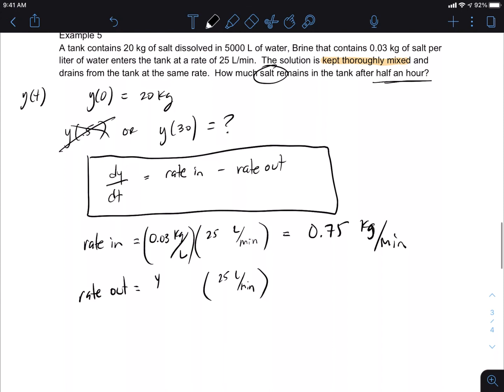So we're going to get our y of t, our function that we're looking for, over the container that has the salt in it. It also has fluid in it, correct? How much fluid is in the container from the get-go? 5,000 liters. And it's going to be kilograms over liters. Right? Because again, what we're ending up with is some function that's dealing with salt.